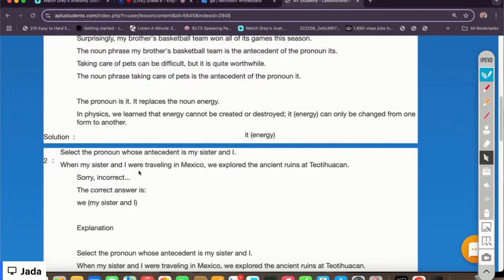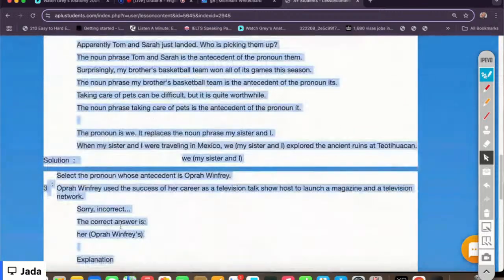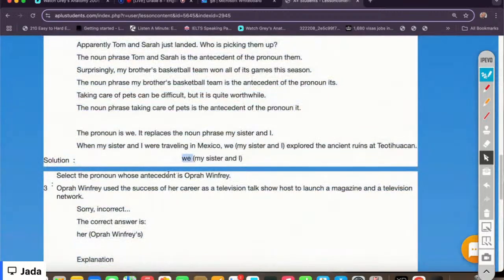When my sister and I were traveling in Mexico, we explored the ancient ruins at Teotihuacan. Select the pronoun whose antecedent is my sister and I. So the pronoun will be we.